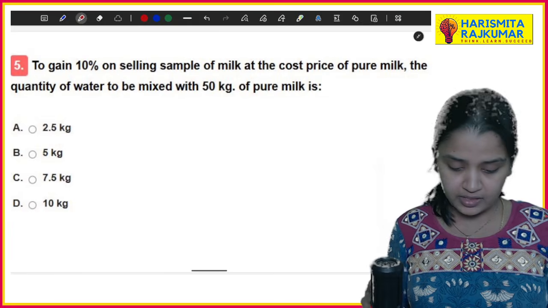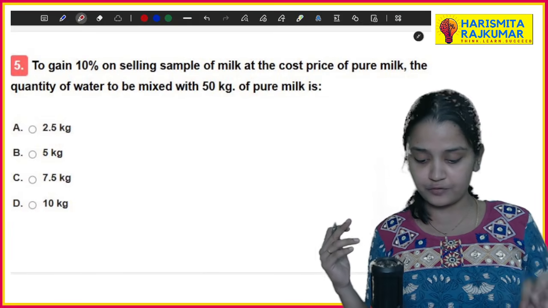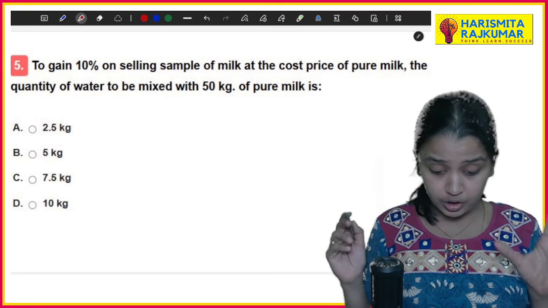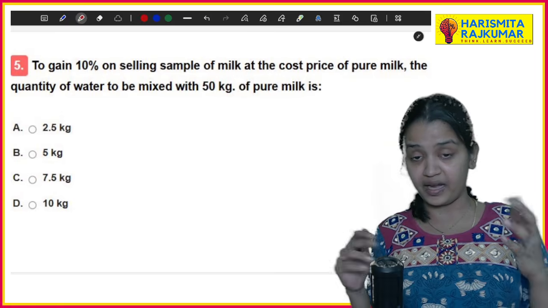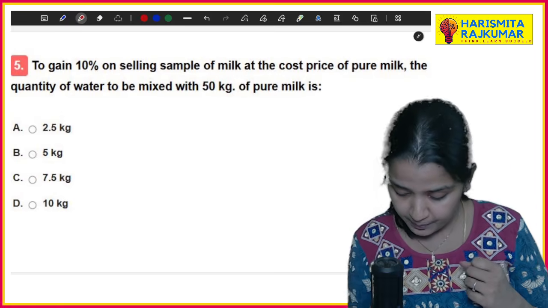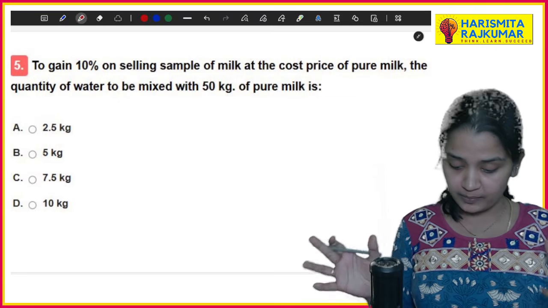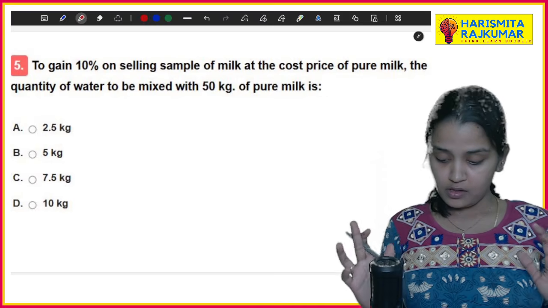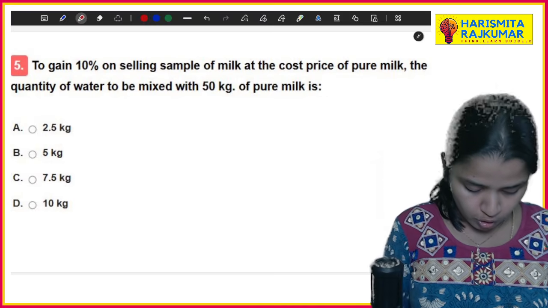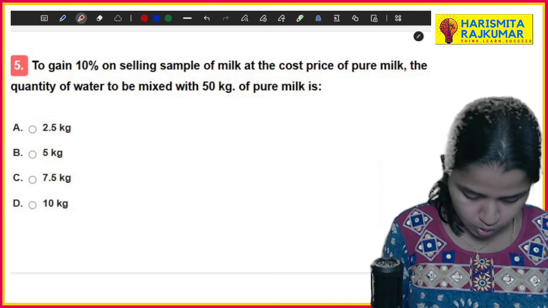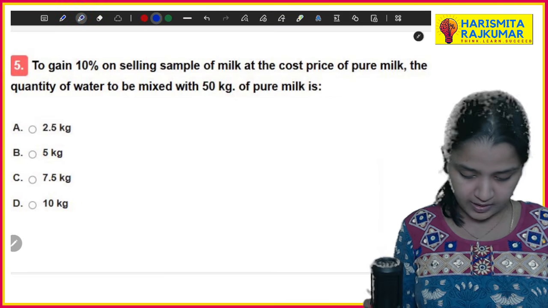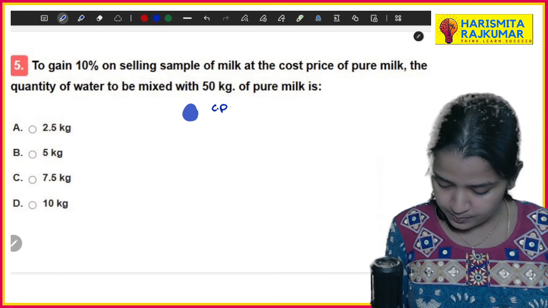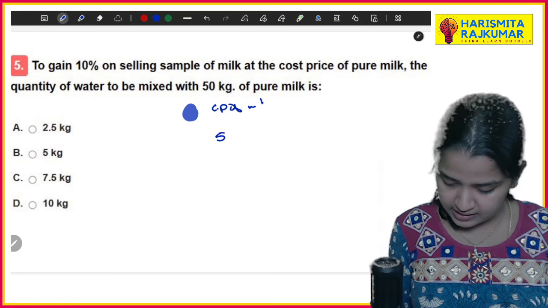Next one: to gain 10 percent on the selling price of milk whose cost price is of pure milk, the quantity of water mixed with 50 kg of pure milk is? So basically you can do it in this method. You know the cost price of the milk, so CP of milk, you know it, right? It is 50.